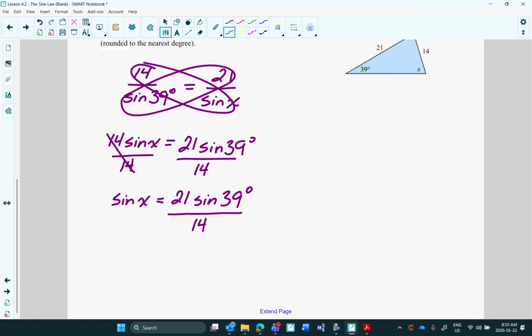What do I do to find just x? No, not divide by sine. To get rid of sine only, we always use sine inverse. Which means I have to take the sine inverse of this whole side.